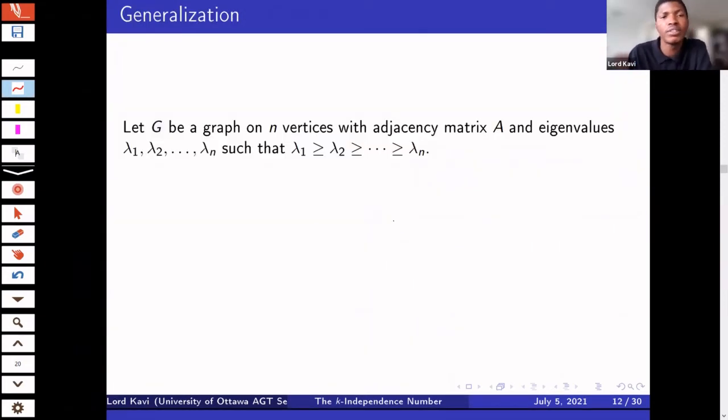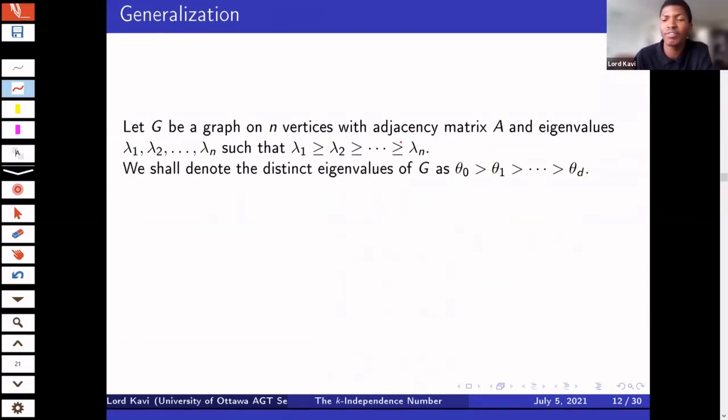Now let's see how this result was generalized. We introduce some quick notation. G is a graph on n vertices with adjacency matrix A. Lambda 1 to lambda n are the eigenvalues with repetition. If we are looking at distinct eigenvalues, then we'll be using theta 0 to theta d.